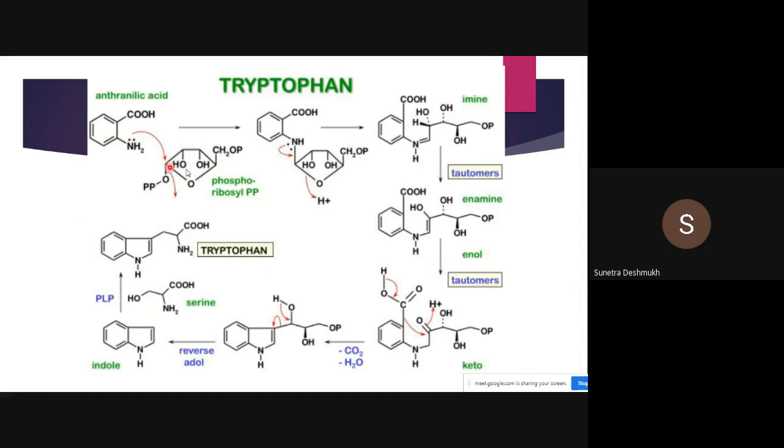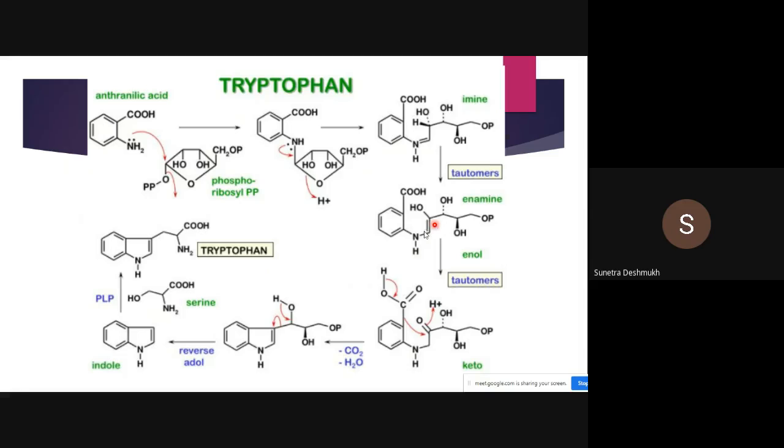A nucleophilic nitrogen attacks the phosphoribosyl pyrophosphate. In the beginning there is a formation of an imine, which is nothing but a C double bond N. The imine undergoes tautomerism to make an enamine. The enamine undergoes tautomerism again and gives the enol.